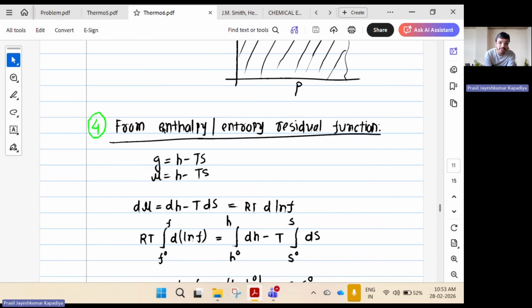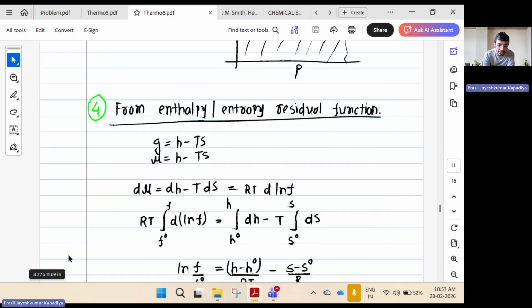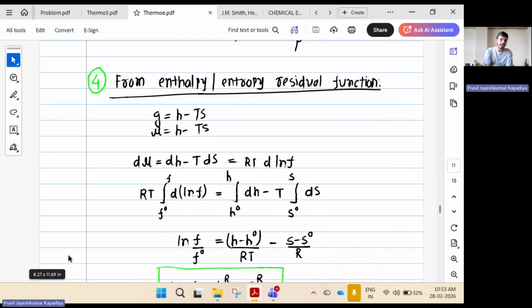Now the other approach is this: from enthalpy and entropy residual functions we can also estimate these terms. So let's have a look at that part. I can write μ is equal to H minus TS, so dμ is equal to dH minus TdS, which is equal to RT times the differential of ln F. So RT times the integration from F0 to F of d ln F is equal to the integration from H0 to H of dH minus T times the integration from S0 to S of dS.